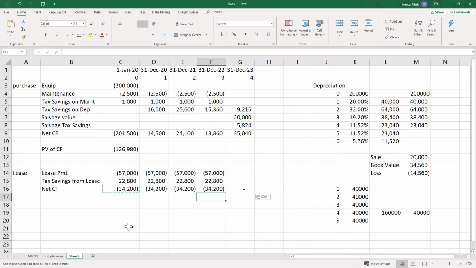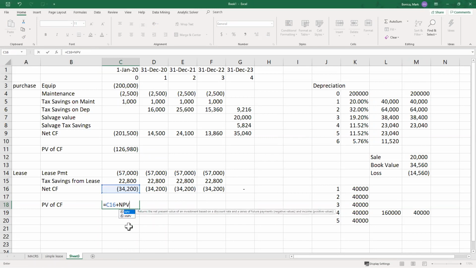And then in year 4, they're 0, right? Because we have no expenses. So the PV of the cash flows is going to be the cash flow at time 0, because we already have the present value of the cash flow at time 0. So we don't have to do anything to it. Plus the present value of the future cash flows, which we're going to discount at 6%. So we've got 3 future cash flows, and the 0 doesn't count.